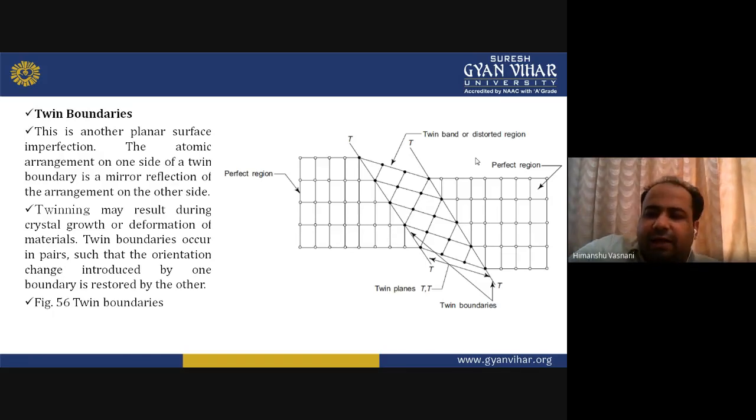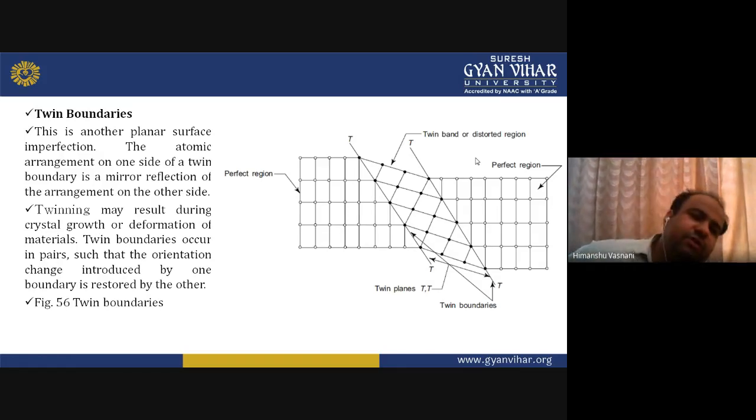You can see in the diagram that there are twin planes shown with the help of TT, and twin boundaries are shown. On the right-hand side and left-hand side, there are perfect regions, and in between there is a twin band or distorted region having twin boundaries. From the figure you can easily see that.